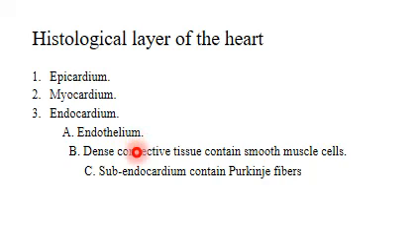And next, just deep to these endothelial cells, we have a dense connective tissue layer, and surprisingly this layer does contain a tiny amount of smooth muscle cells, as I will show. And the subendocardium contains the Purkinje fibers, which will be explained in a minute.